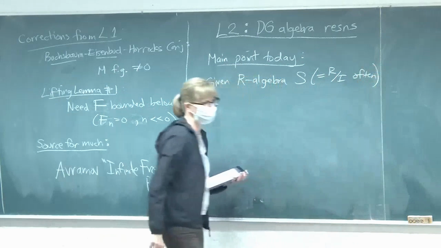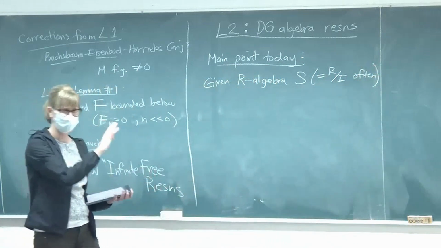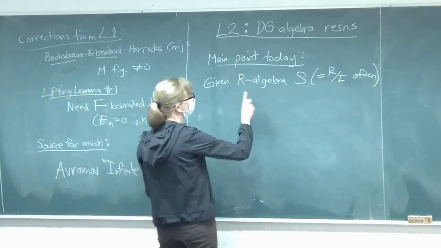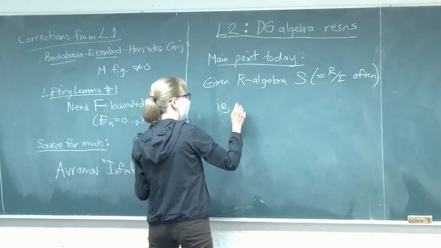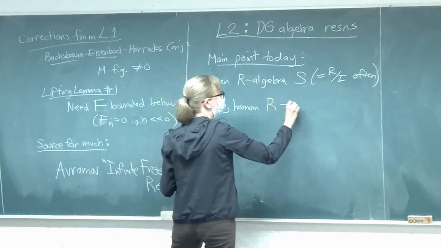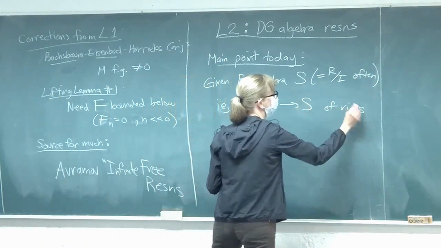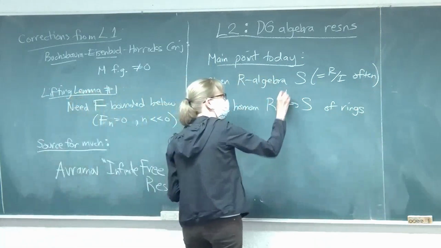It doesn't have to be, but it's easier to talk about it when it is, so I'm often going to do that. I'll tell you a bit about what to do when it's not a quotient. So you have an R-algebra S, i.e. what I really mean is that you have a homomorphism from R to S of rings. Okay, that's the same thing. Oh, and it's usually called phi.